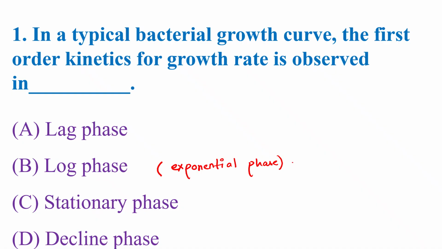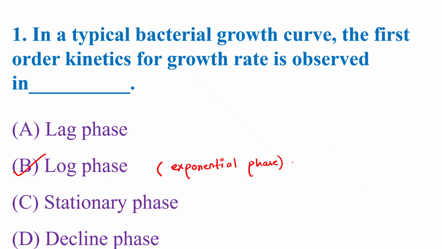So over here the bacteria divide rapidly at a constant rate, and the resources are plenty, that means it will lead to a balanced and unrestricted growth. So over here the correct option is B, that is log phase.